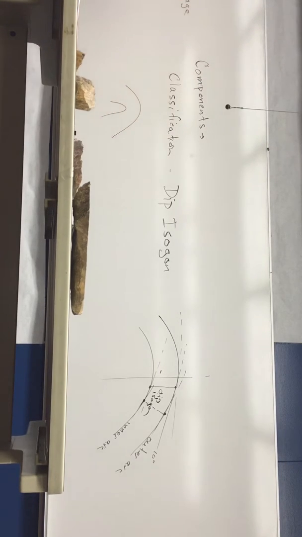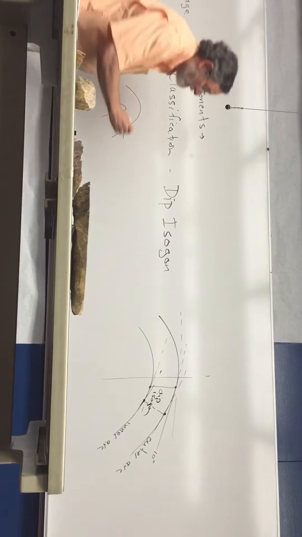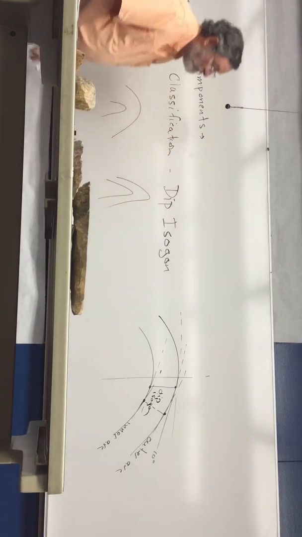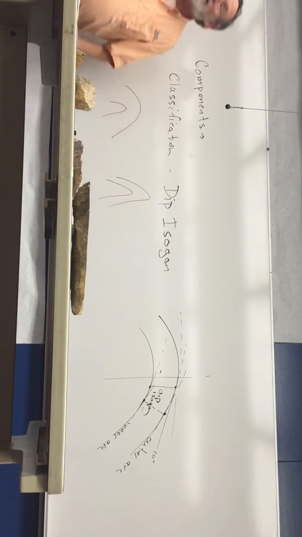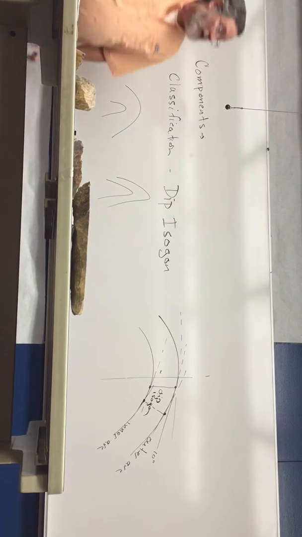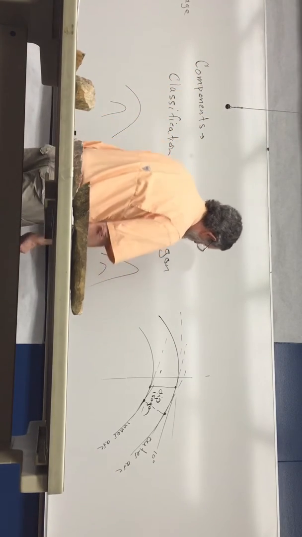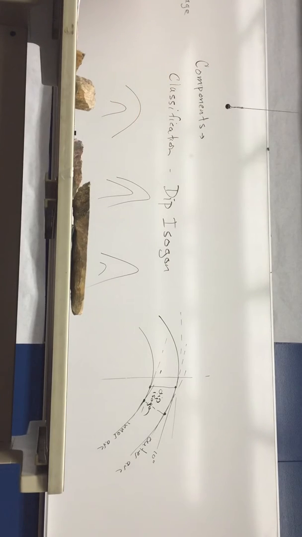This would be a type 1, where the curvature is far, far greater here than it is there. This would be a type 2, where we have these two being roughly the same. And for a type 3, what we see is something quite the opposite of this.